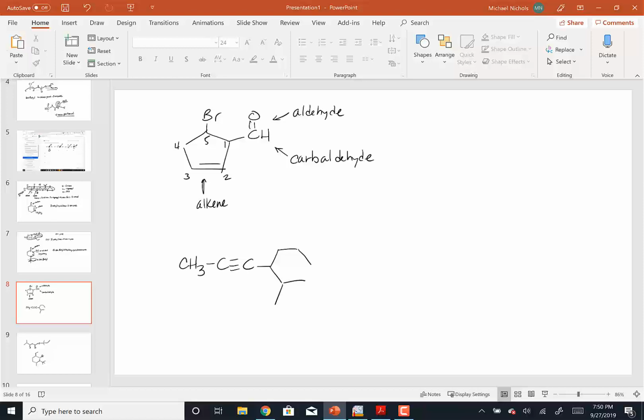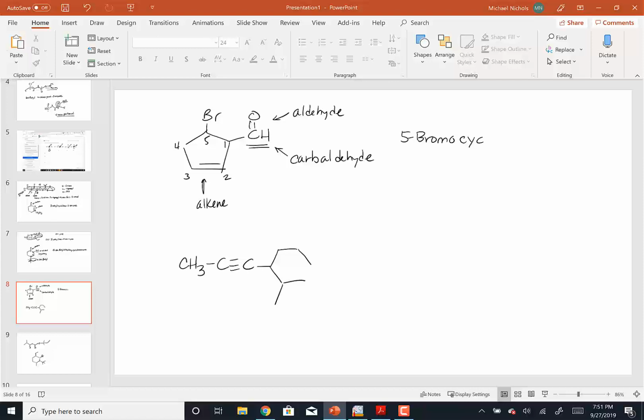If there was a tie, we would go to, for instance, alphabetization. All right, so what do I have in terms of my substituent? I have one substituent, which is 5-bromo. This carbaldehyde is going to be part of the parent name because it's the highest priority functional group. So my one substituent is a 5-bromo.